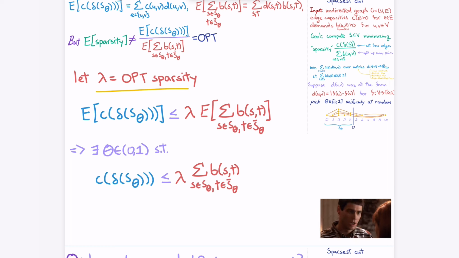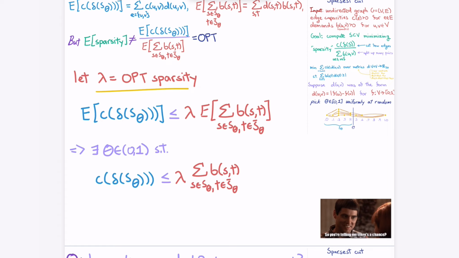So we know that the expected value of this is less than or equal to this on the right. And so there's some theta where the amount of edges you cut is less than or equal to lambda times the demand. It's that value of theta that you can now put back underneath. So this is just getting around this fraction of expectations. You just clear the denominator first, and then you can do your expectations.